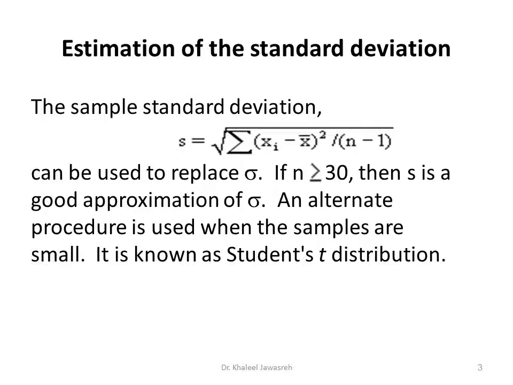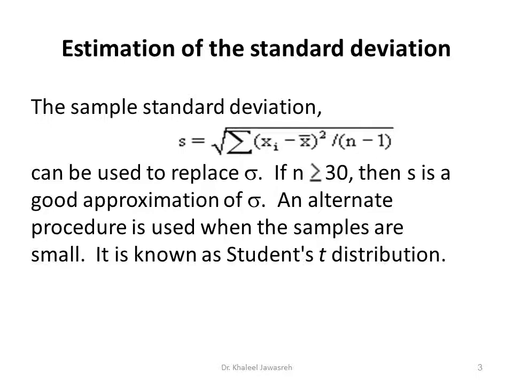This standard deviation can be used to replace sigma, because sigma squared is the whole population variance. If you take the square root of sigma squared, it will equal sigma. So it is the standard deviation.